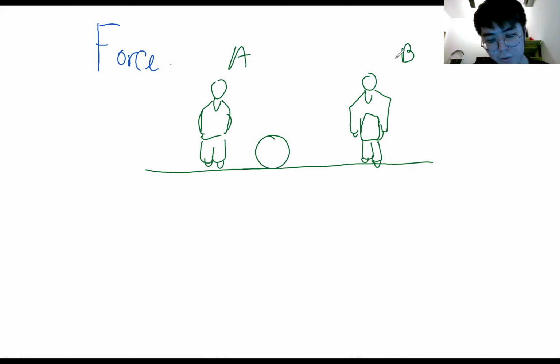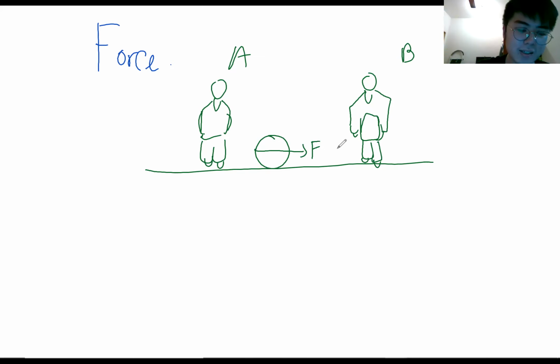So he kicks the ball. When he kicks the ball, we say that he applied a force on the ball to the right. The kick here is nothing but a push force applied.